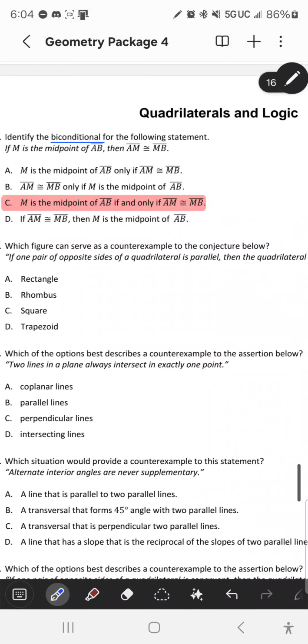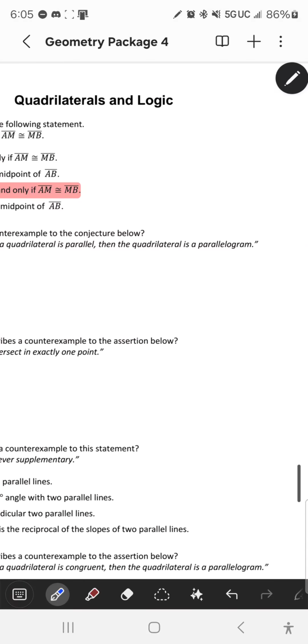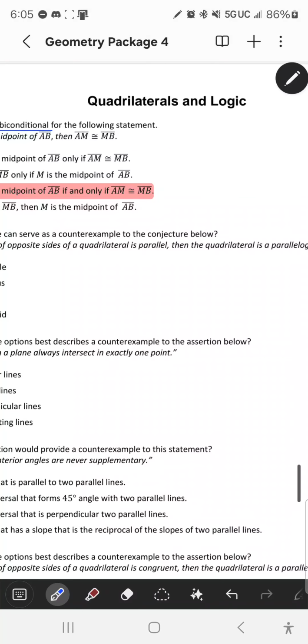Which figure can serve as a counterexample to the conjecture below? If one pair of opposite sides of a quadrilateral is parallel, then the quadrilateral is a parallelogram. Okay, counterexample is basically a way to say that is wrong. So before thinking of anything, I have a quadrilateral like this.